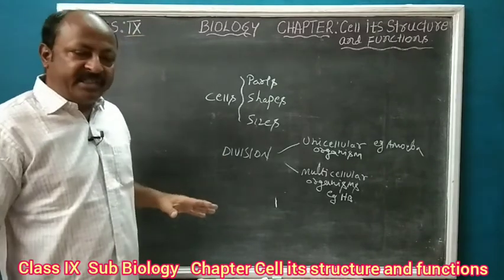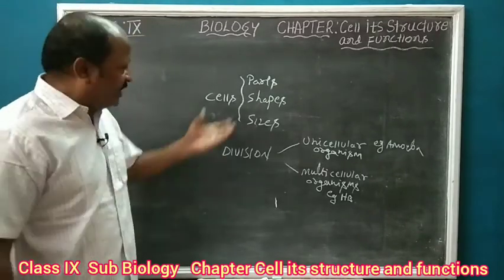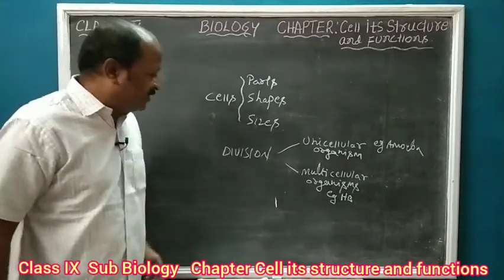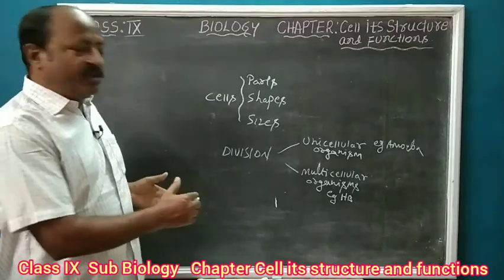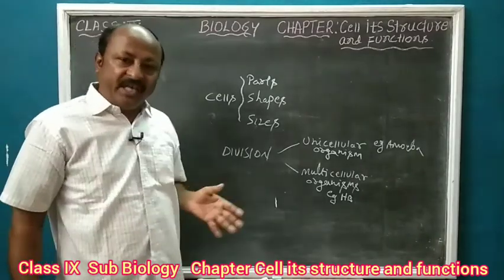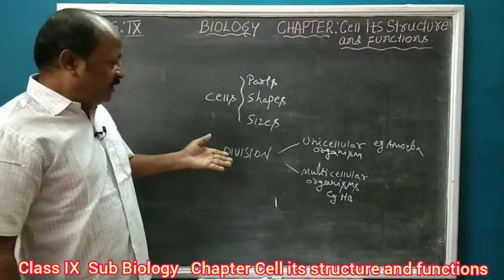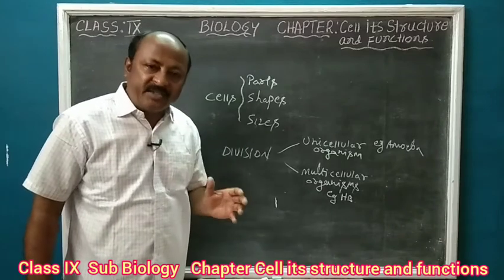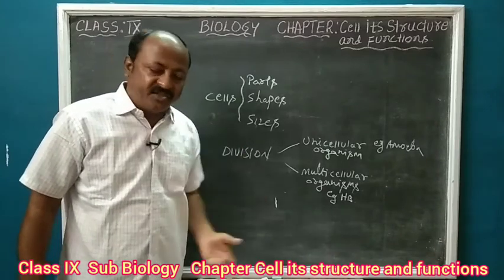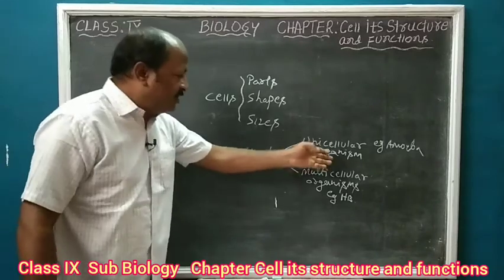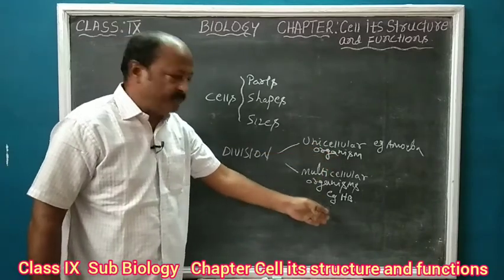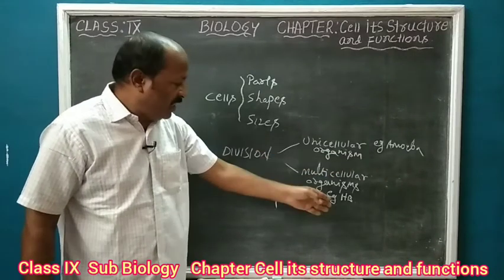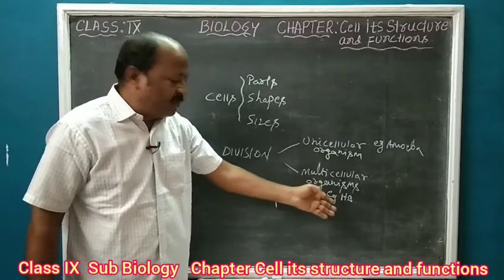So we have studied that cells are made up of different parts, and have different shapes and sizes. Depending upon the number of cells present in an individual, living organisms can be divided into two types: unicellular organisms and multicellular organisms. Unicellular examples are amoeba, paramecium, euglena, and for multicellular organisms we have taken the example of the human being.